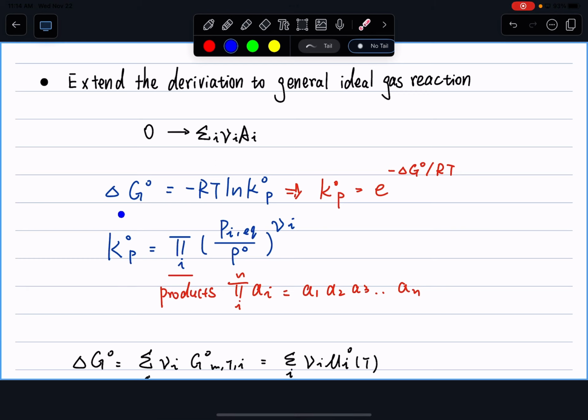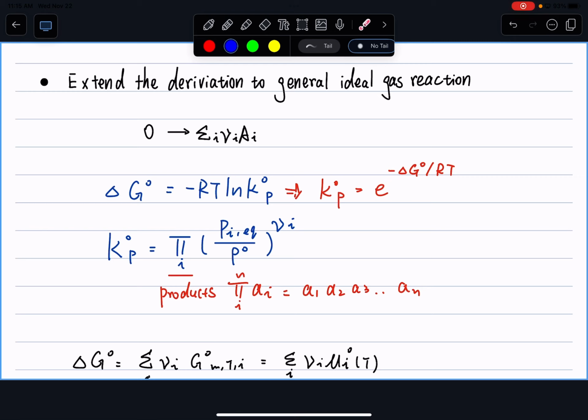That is, the delta G naught, or the Gibbs free energy of the reaction at the standard state, equals negative RT ln Kp. Or if you rewrite that relationship, your equilibrium constant Kp naught equals the exponential of negative delta G naught over RT. So this part is just the same. It's just mathematical operations here.